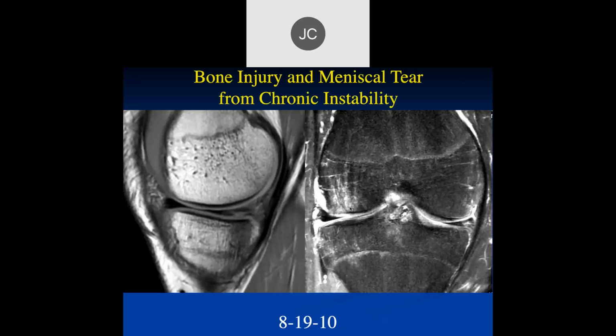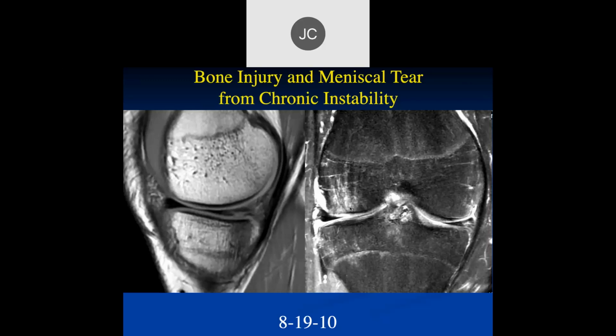What we do know about ACL tears is if you have an ACL tear, you have increased risk for degenerative disease in the knee, but that's somewhat controversial. What is not controversial is if you have an ACL tear with secondary instability that's not treated, you have a much higher risk of developing a new meniscal tear than if you put in the graft and stabilize it.